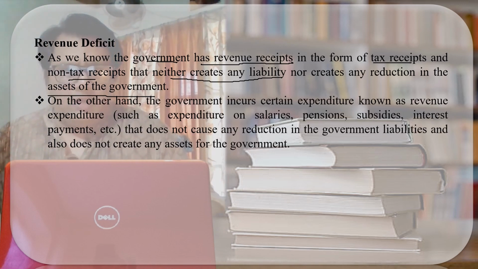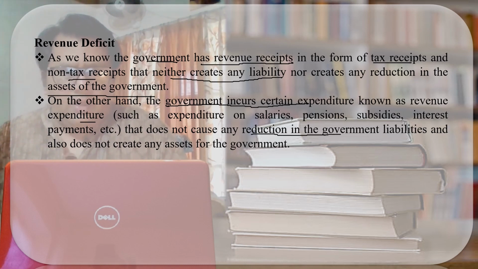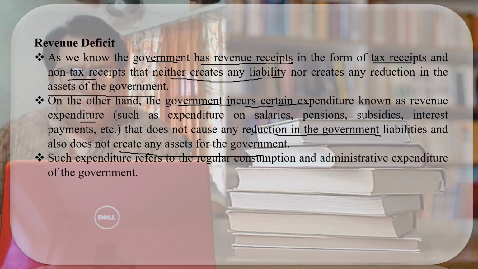On the other hand, the government also incurs expenditure called revenue expenditure, which does not create government liability nor create any assets of the government. When such expenditure is more and such receipt is less, it is called revenue deficit. I hope the point is clear.